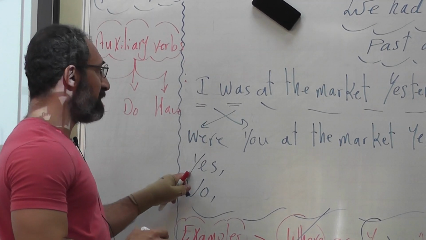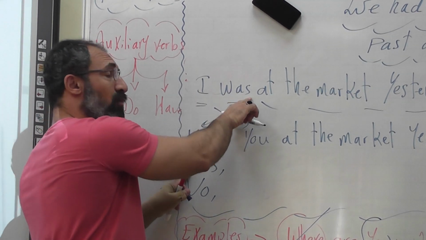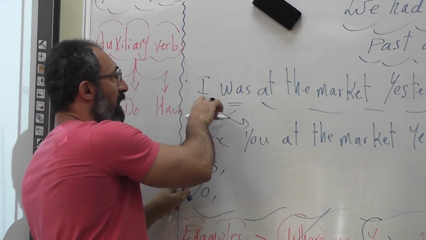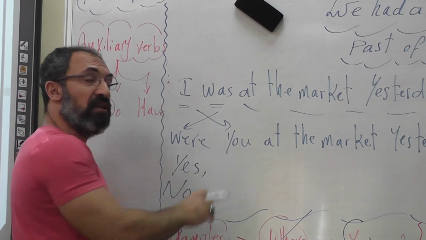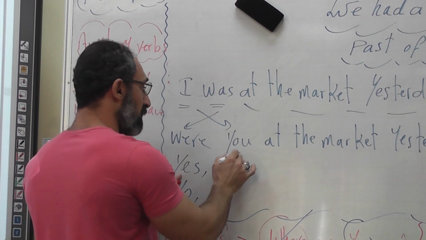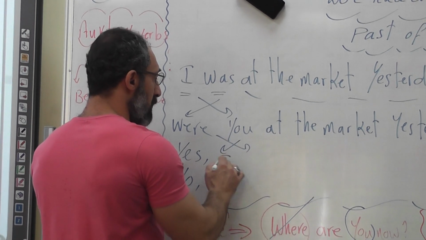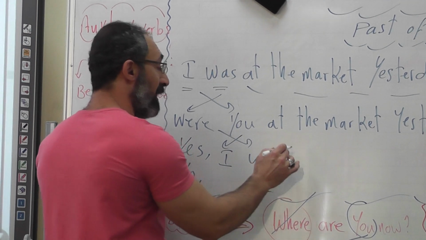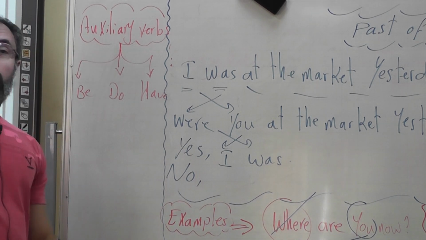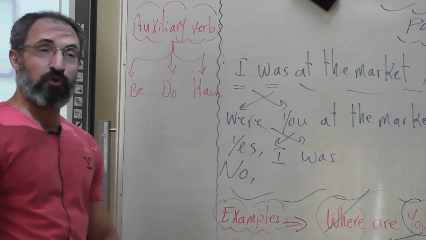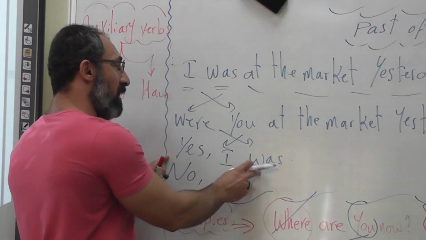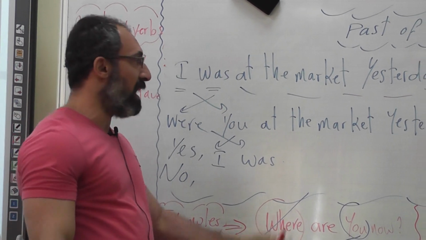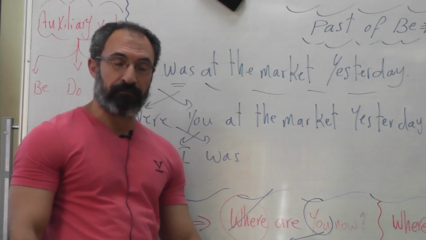So when I say yes, here we have a cross between I and was. Again, we will make a cross between were and you. So, yes, I was, as a short answer. If we want to have a complete one or to make it clear, we say: yes, I was. I was at the market yesterday.